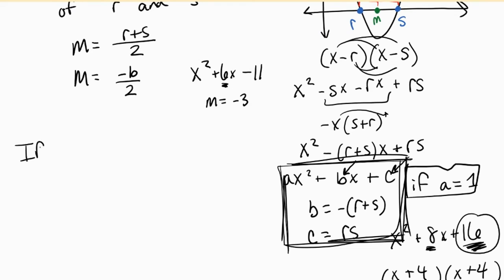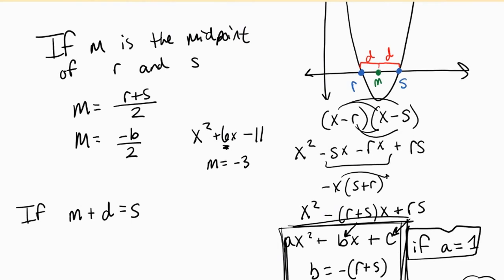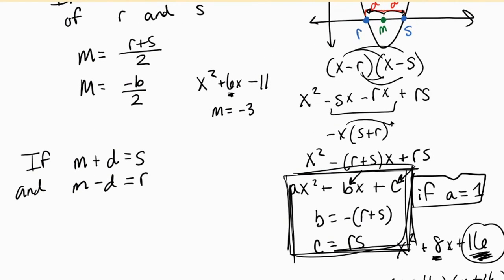If m plus d is equal to s, and we see that visually here: from M, if we go some distance d, we get to that root, and m minus d is equal to r. We just go the other way and we get to r.